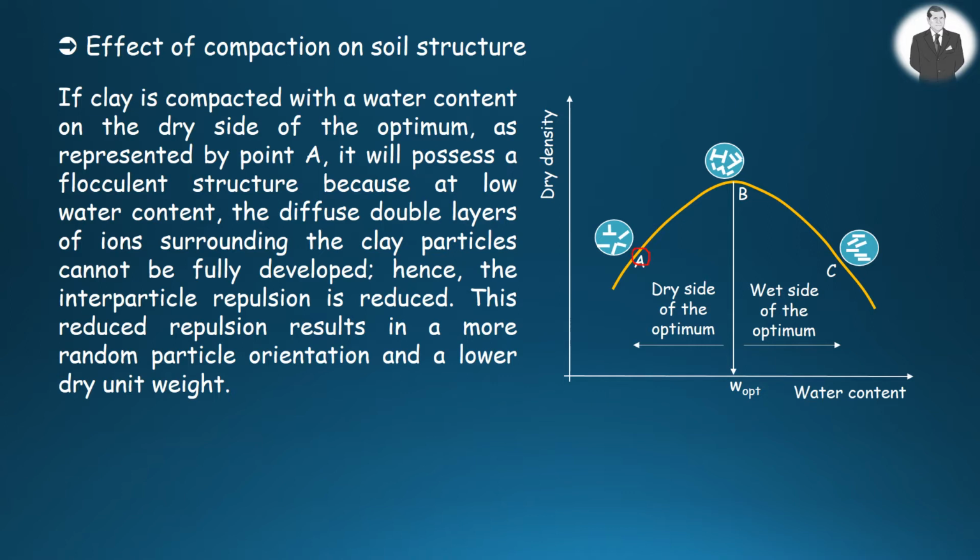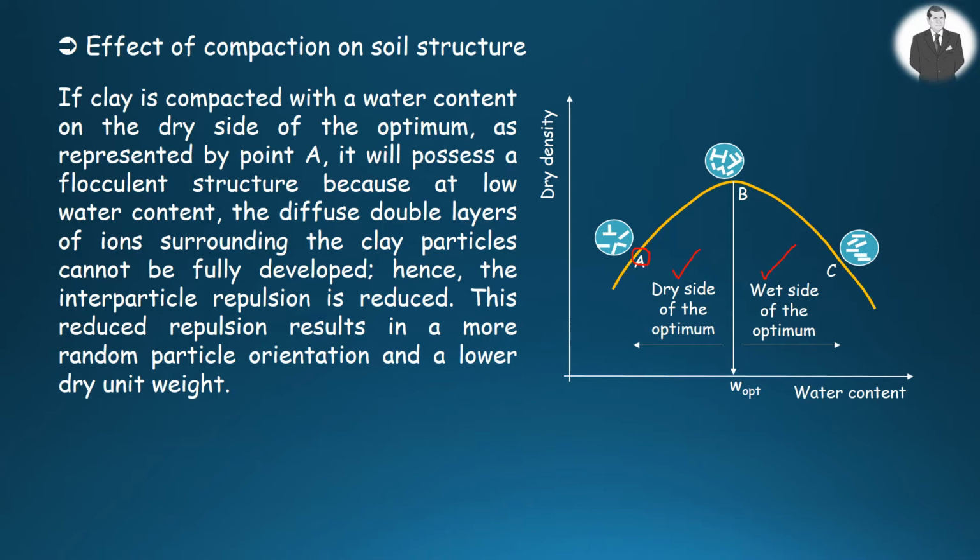By the way, the left side of the compaction curve is named the dry side of the optimum, where soil has lower water content. And the right side of the compaction curve is named the wet side of the optimum, in which soil has higher water content.